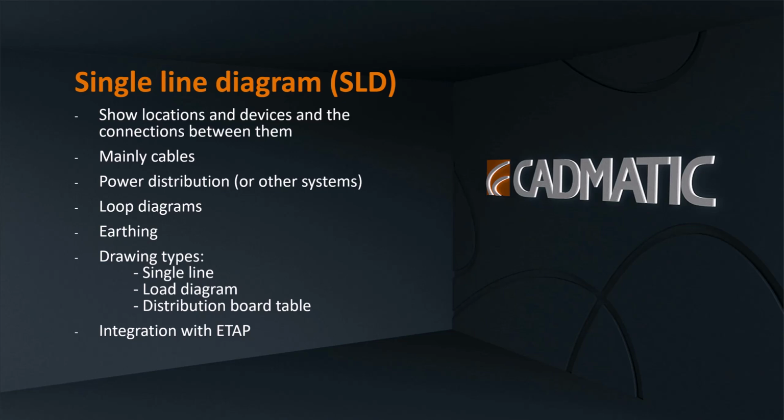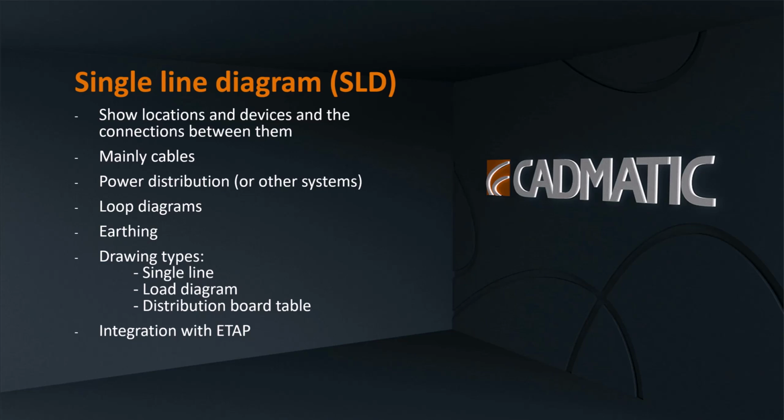Well, that's one way to do it, as a power distribution, but you can also use it for other systems, for example, telecommunication or audio sockets, anything you may want, but still keep in mind that it's used for the connections with the cables.